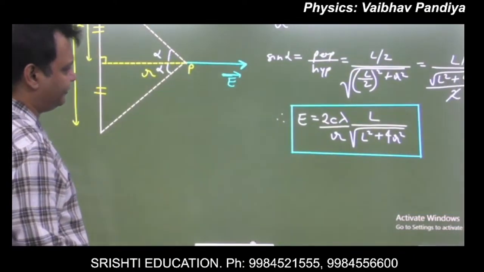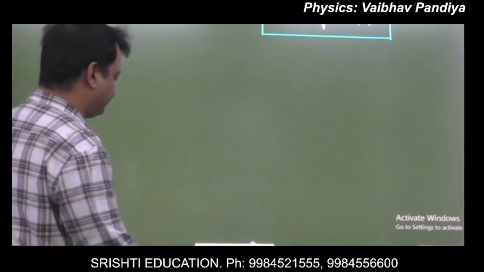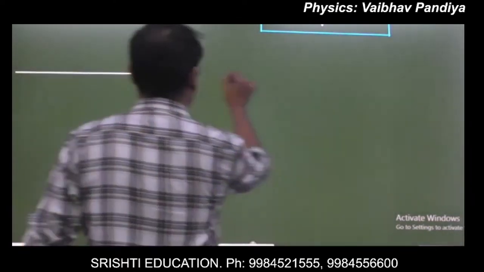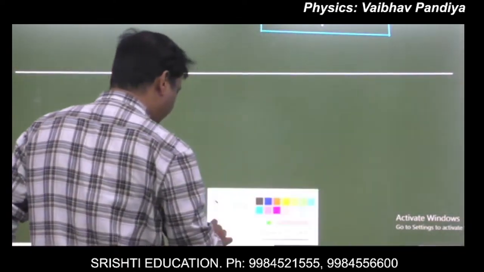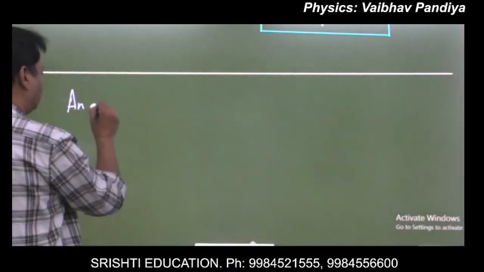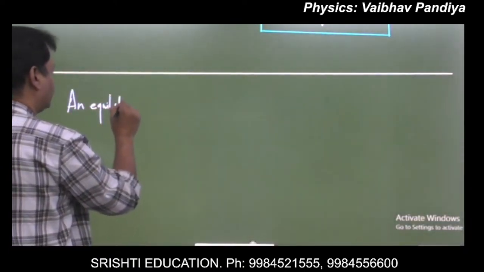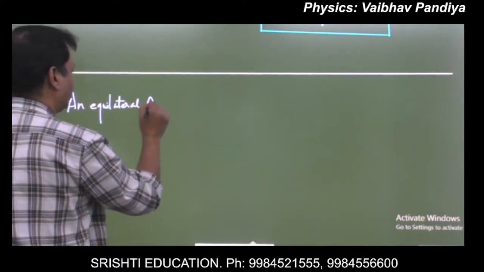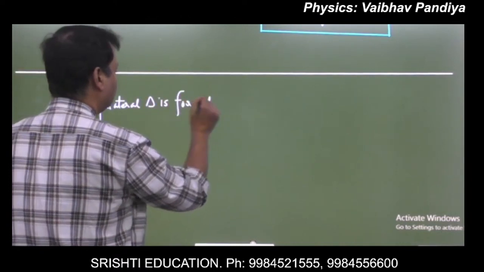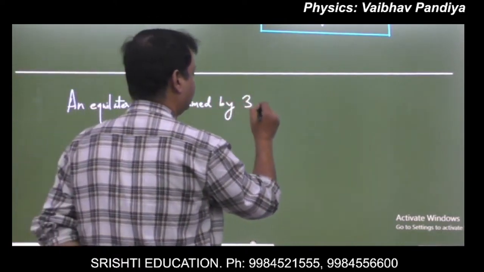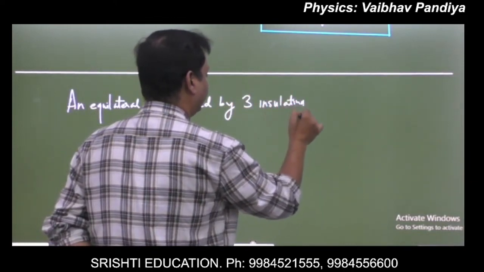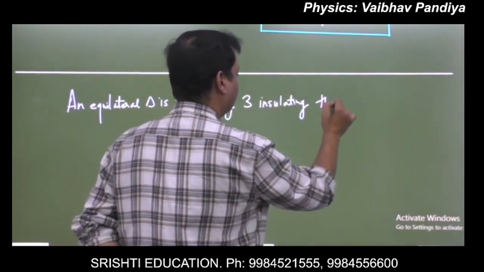Now let's see one of the illustrations in which we can apply this equation. Say an equilateral triangle is formed by 3 insulating thin rods.